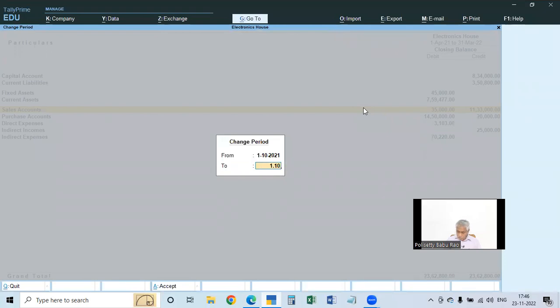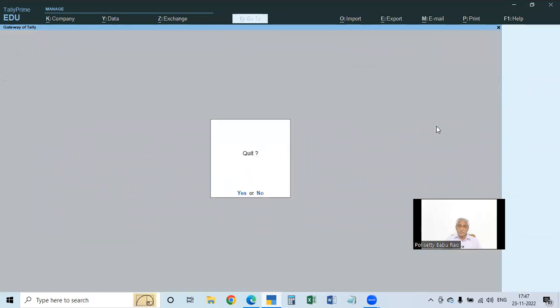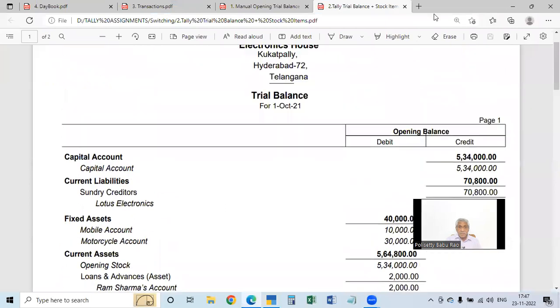We have to take that only, because for the next period the transactions are also recorded, which is why we will not get it otherwise. Yesterday itself we completed this. This is the trial balance at the beginning of the year, and all these balances are taken into our books.